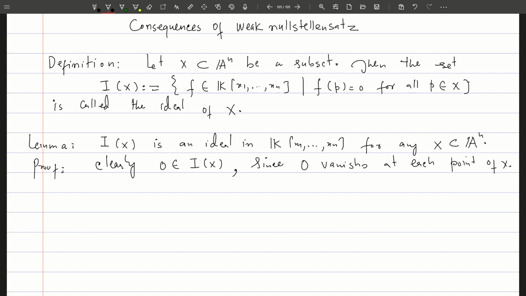So if f is in I(X), then minus f is also in I(X).